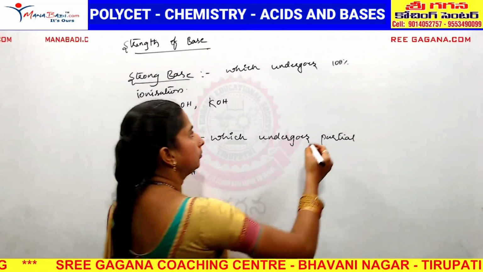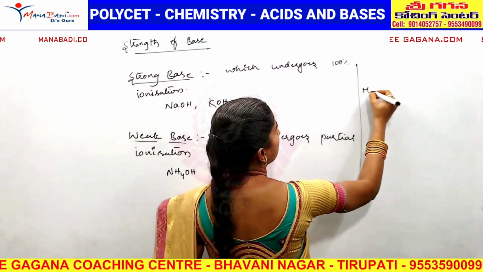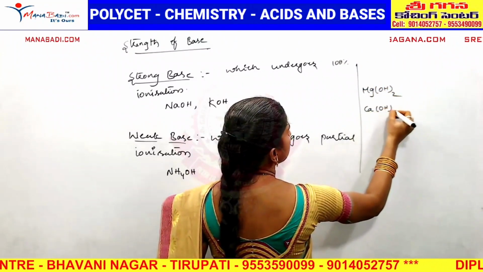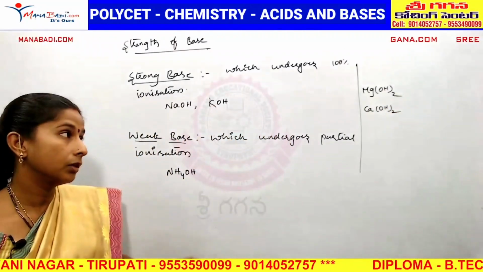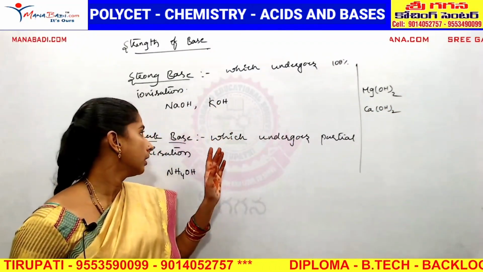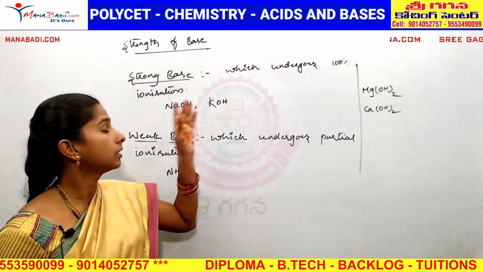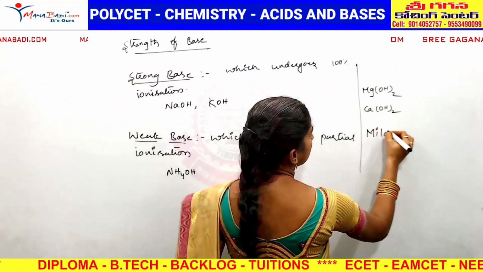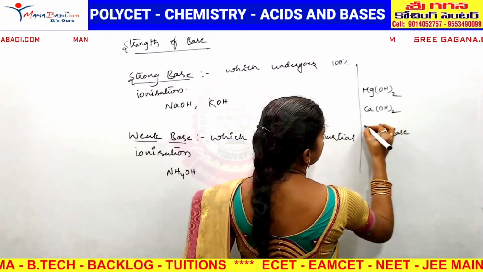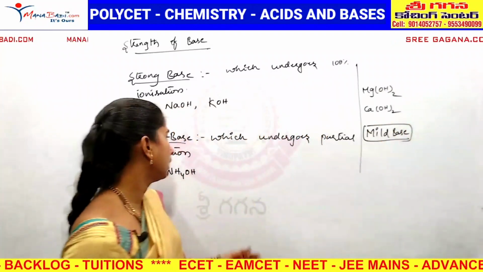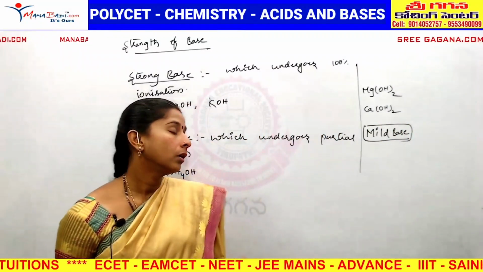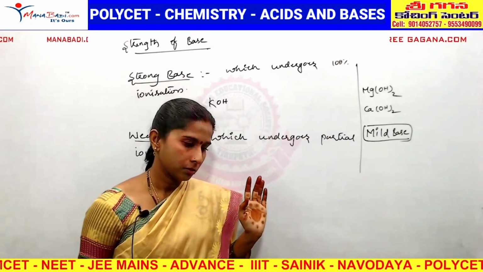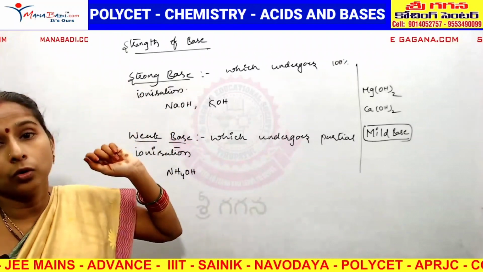If we take Mg(OH)2 and Ca(OH)2, they are not weak bases and not strong bases either, but these two are mild bases. When comparing with NH4OH, they are strong. When comparing with NaOH, they are weak in nature. Okay, this is about the strength of bases.